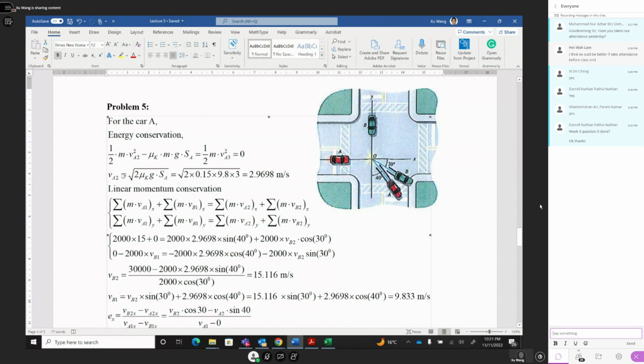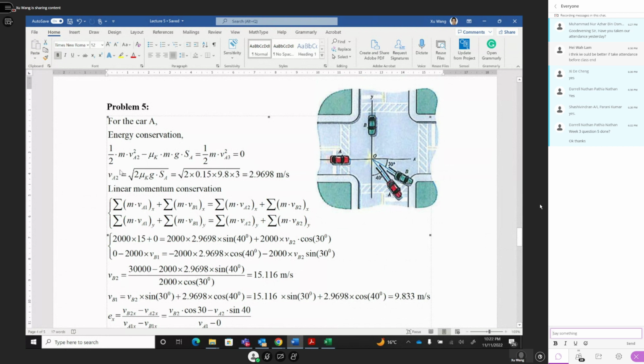And for VA2, how can we solve? Because after impact you get velocity. This velocity, kinetic energy, will be consumed by friction work. So the friction force times the distance, friction work, equals the consumed kinetic energy. And then from this equation you solve VA2 after impact, this speed. That's how you get it.